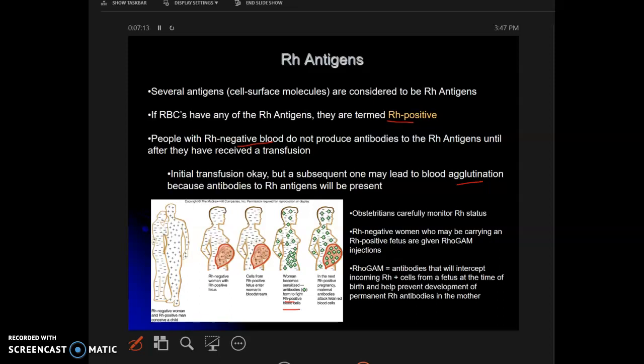So the way doctors regulate this is that the mother is going to have to take RhoGAM shots, and these will intercept the incoming Rh cells from the fetus. Are you understanding? So the Rh cells are not going to, it's going to interfere, stop them, and it will not allow the mother to attack the fetus.